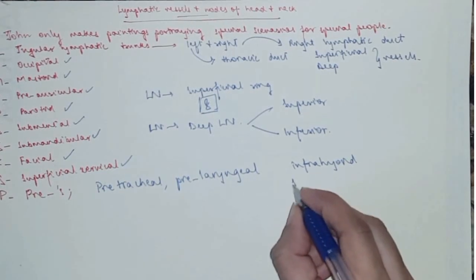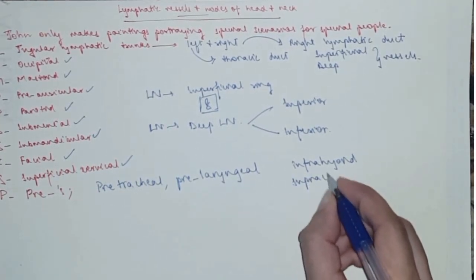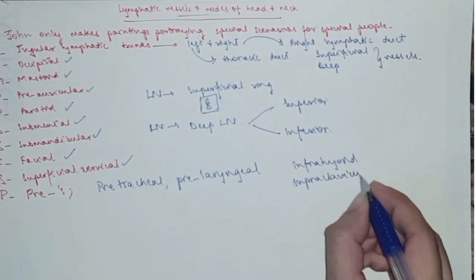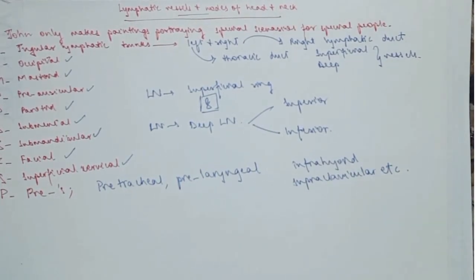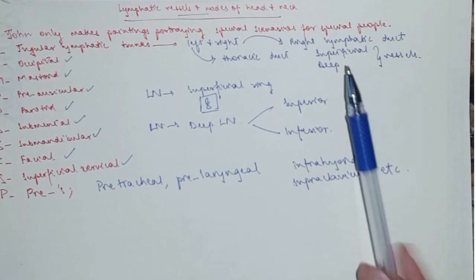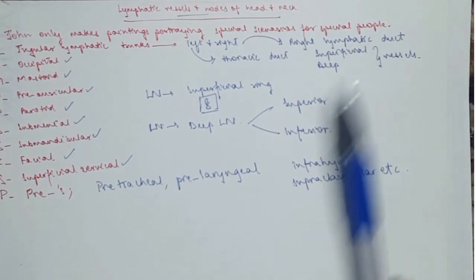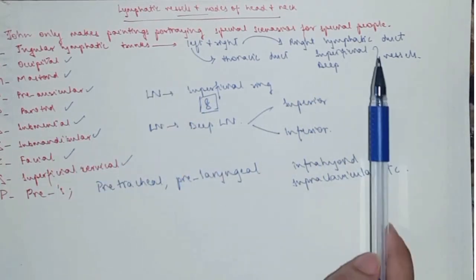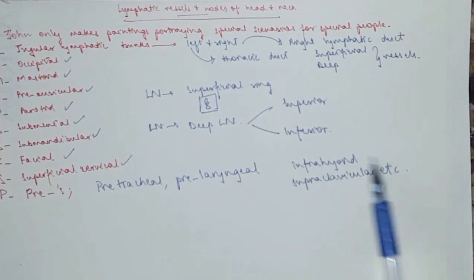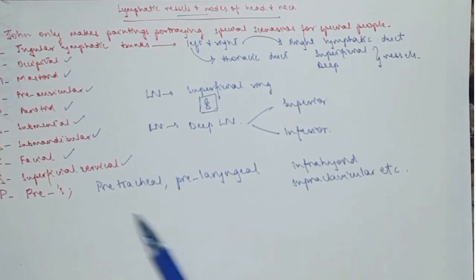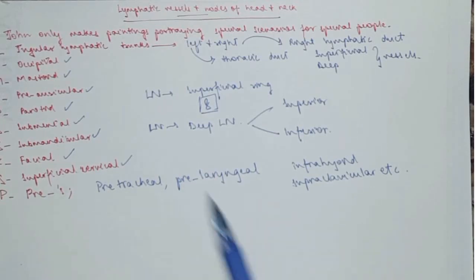Then you've got supraclavicular, etc. That is it. The superficial ones drain the scalp, face, and the neck, while the deep ones bring it from the muscles and about the clavicle and the larynx, the trachea, etc.